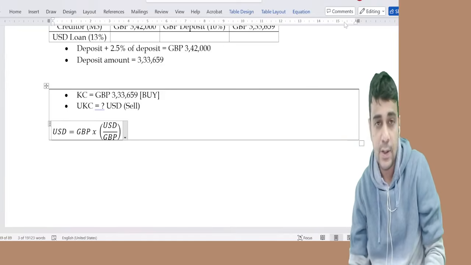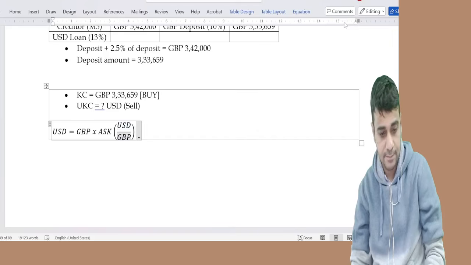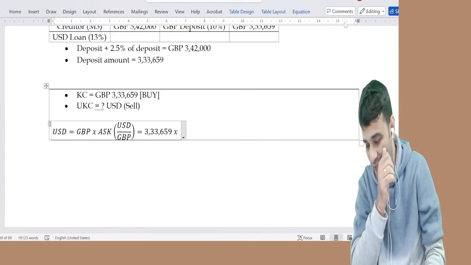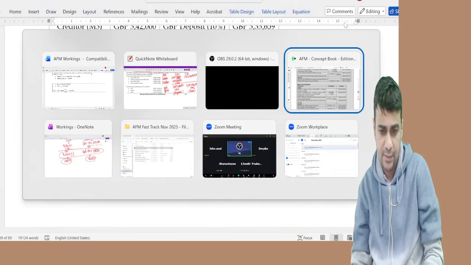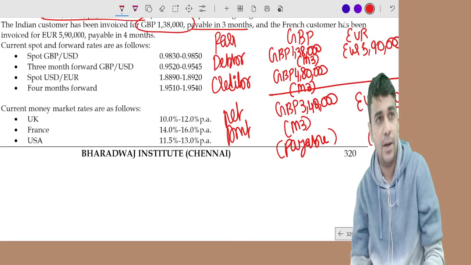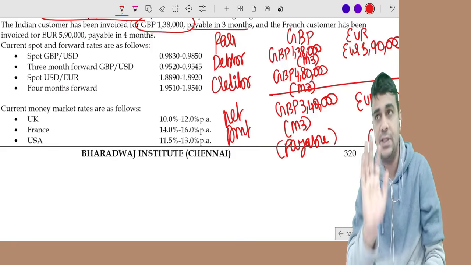The bank is going to sell, so the bank will sell at the ask rate. Is the USD per GBP given in the question? They have given GBP per USD. Spot GBP slash USD, interpretation is GBP per USD.